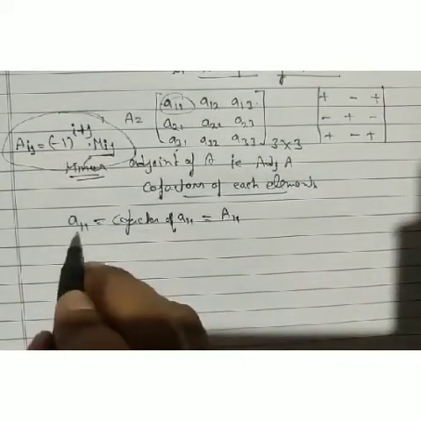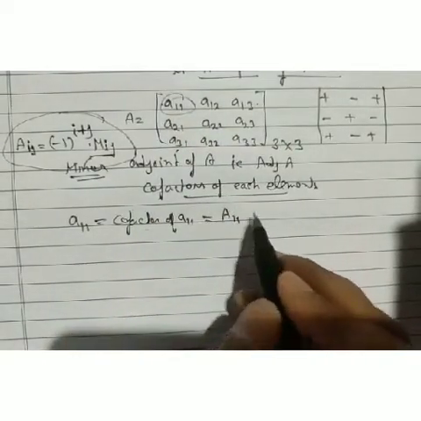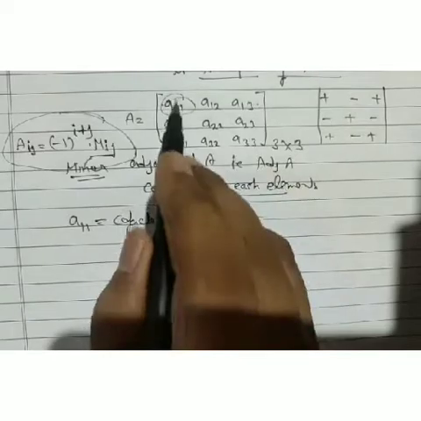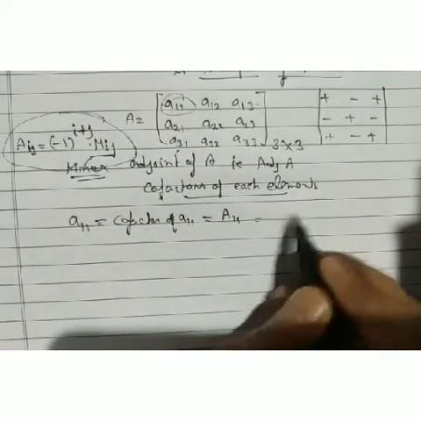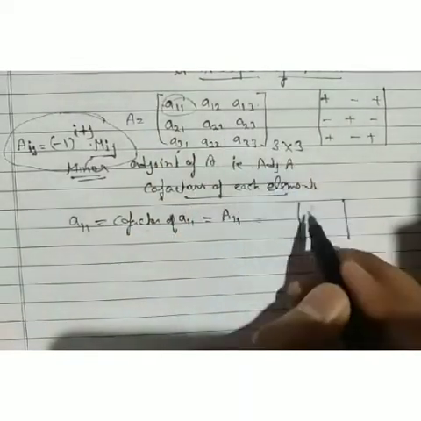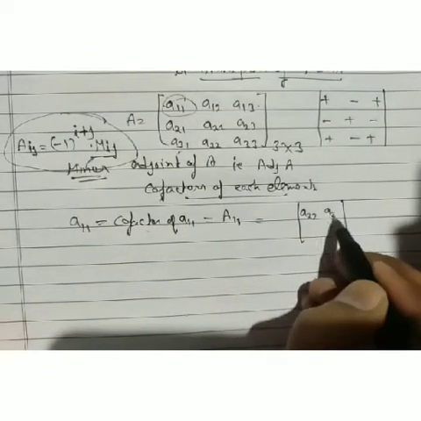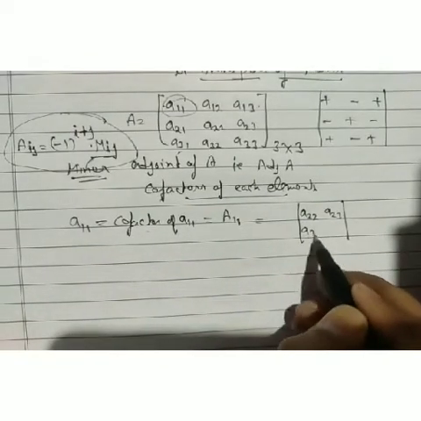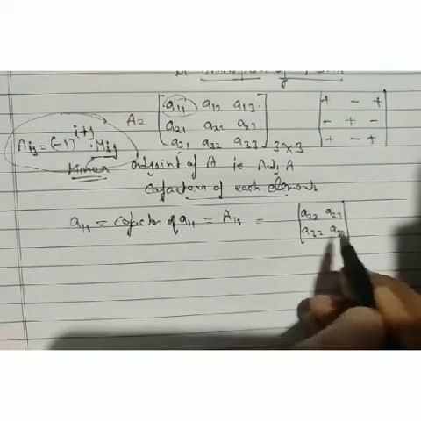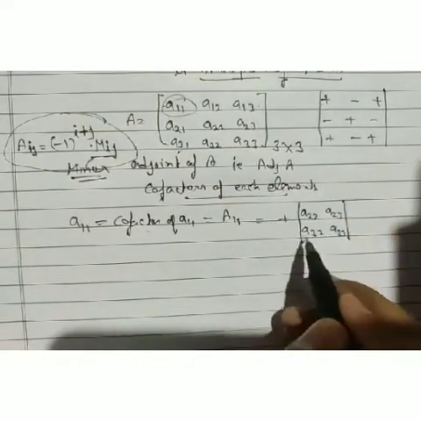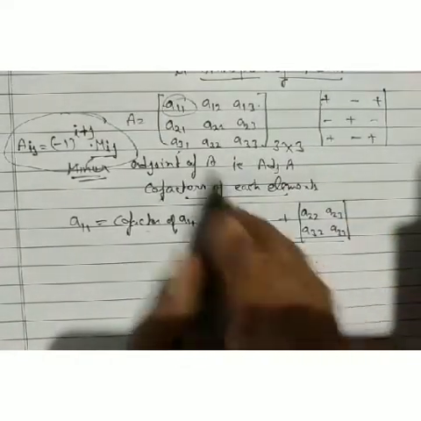Now suppose we have to find the cofactor of a11 in the given example. How do we get it? Deleting this row and this column, we have a22, a23, a32, a33, and the sign is plus. This is our cofactor of a11.